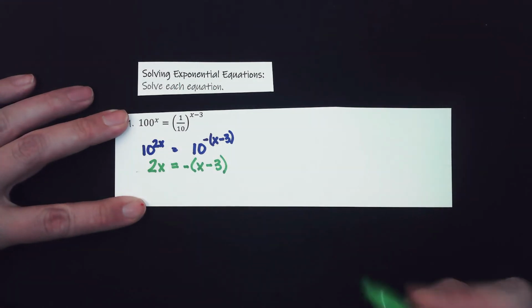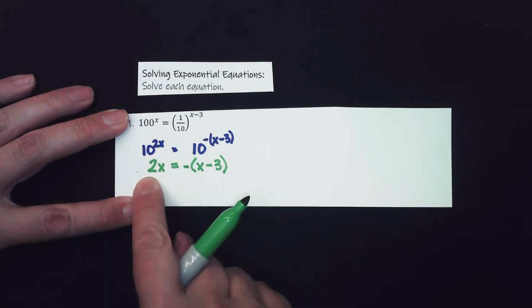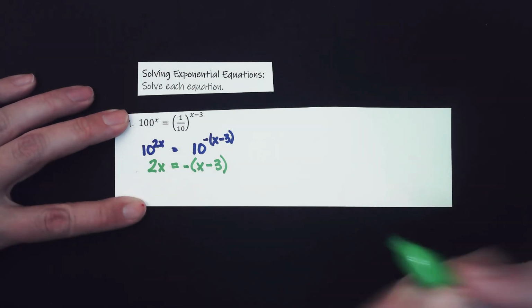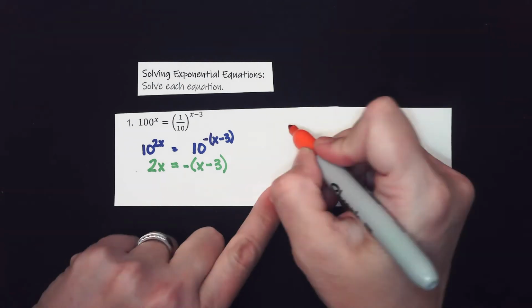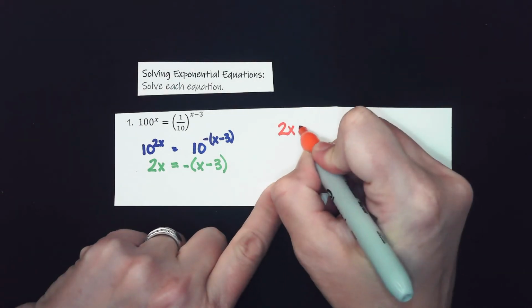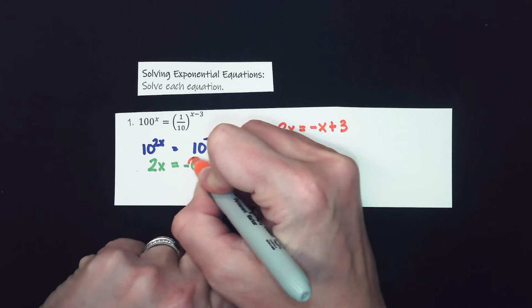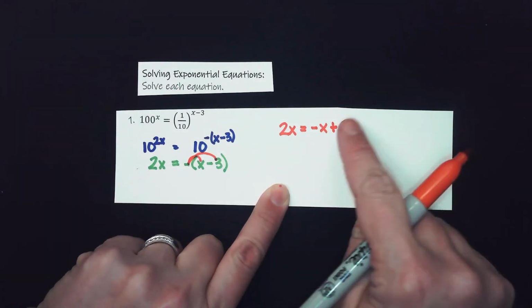And I need to solve for x. So I'm going to first start by distributing this negative. You could do that, or you could divide by the negative. You got options here. But if I distribute that negative, I end up with 2x equals negative x plus 3. Okay, it's the negative times x, the negative times a negative 3. And I'm trying to solve for x.